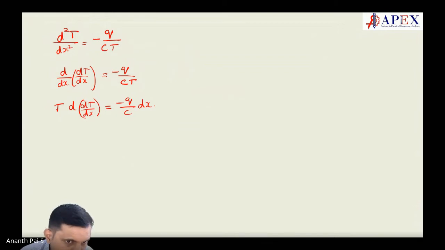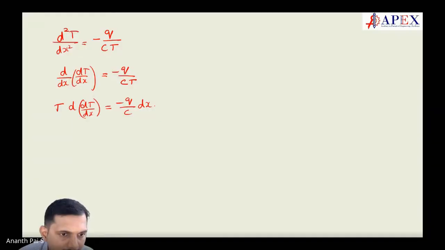Now when you integrate, you cannot do that. Sir, why? If you write dt by dx, you can take the dx to the other side, no? Okay, similarly it is d of something.